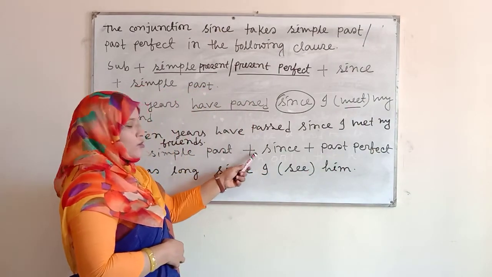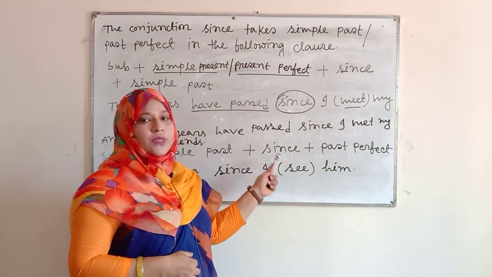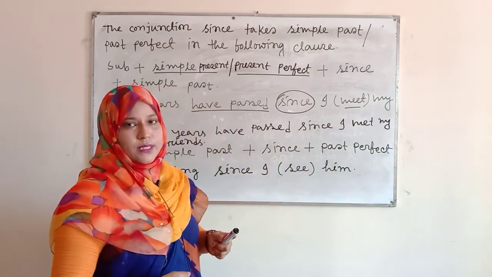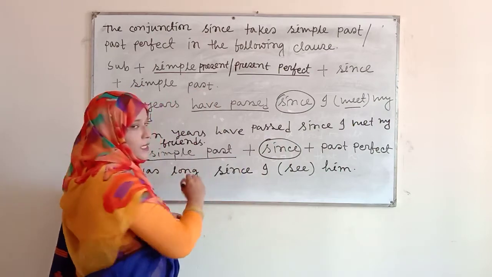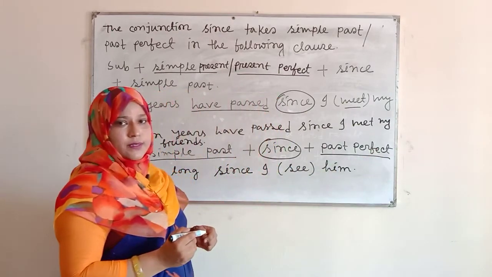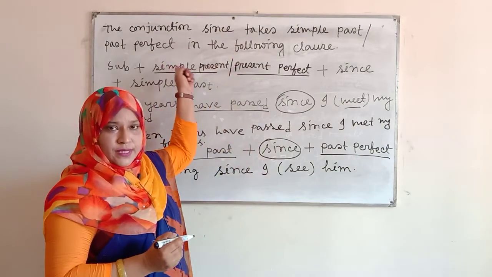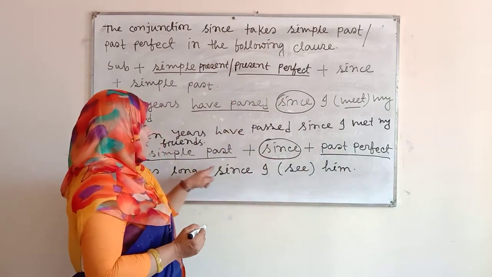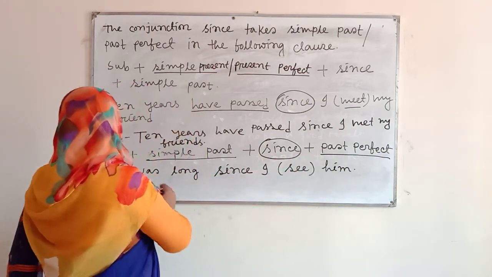If the first clause of since is in simple past, then the clause after since will be in past perfect tense. যদি since এর আগের অংশটি simple past tense এ থাকে অর্থাৎ past indefinite tense এ থাকে, since এর পরের clause টা হবে past perfect tense এ। So learners remember it, since এর আগেরটা যদি present indefinite or present perfect থাকে পরেরটা হবে past indefinite, এবং since এর আগেরটা যদি simple past এ থাকে পরেরটা হবে past perfect tense. Here is the example.